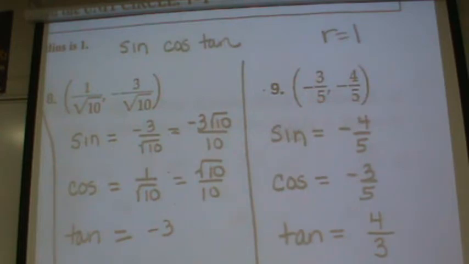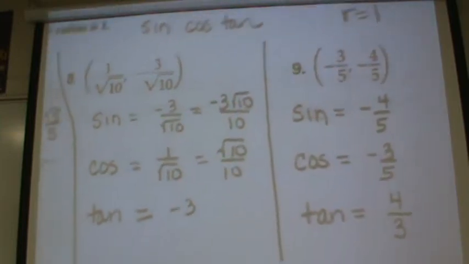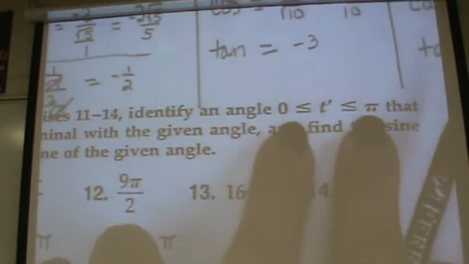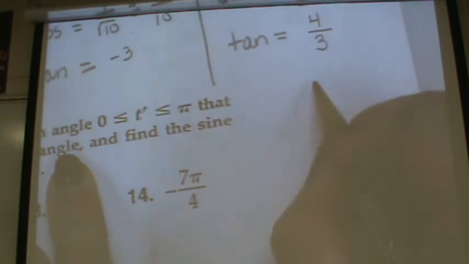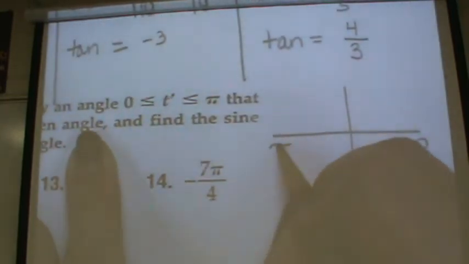Okay, the next 4 problems. We did these yesterday, so this isn't too bad. I want you to identify an angle that's between 0 and pi. Where is 0 and pi? Here's 0 and here's pi.